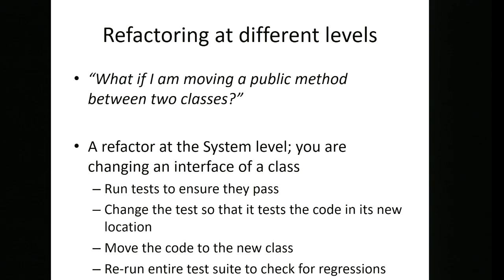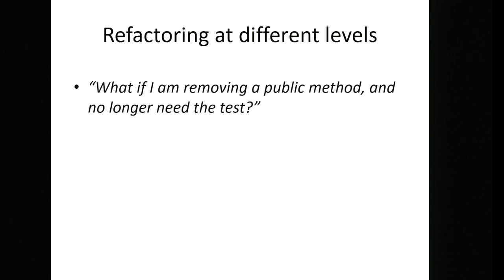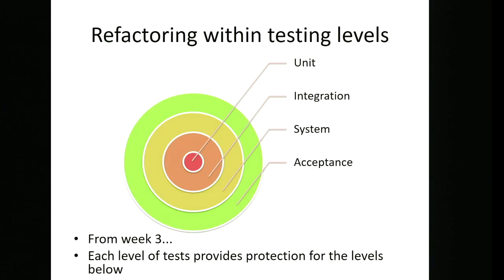So if we go back to the animated slides, if we go back to the target, that's exactly what I'm representing here. So if you're refactoring in the unit part, right at the code, then you'd expect the unit tests to not have to change because you're refactoring at the unit level, and if they did change, then it's no longer a refactor.